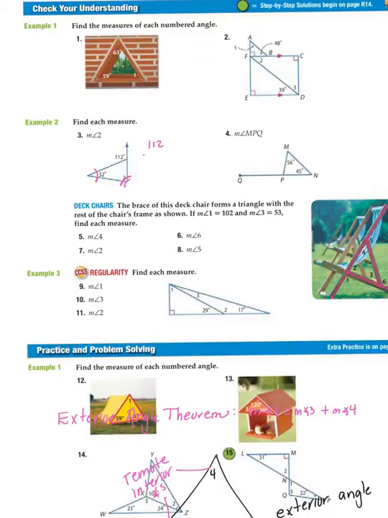So if I take 112 and subtract 32, I find that angle 2 has a measure of 80 degrees because the exterior angle equals the sum of the two remote interior angles. That exterior angle is the extension of a side, so here in blue, I'm going to mark my exterior angle. It's angle MPQ. MPQ then is equal to the 56 degrees plus the 45 degrees. So that means that MPQ is 101 degrees.